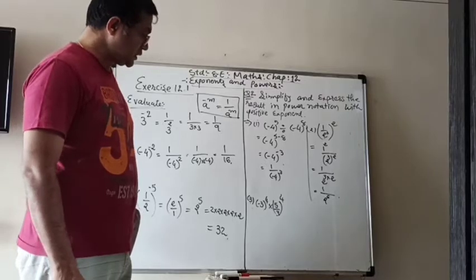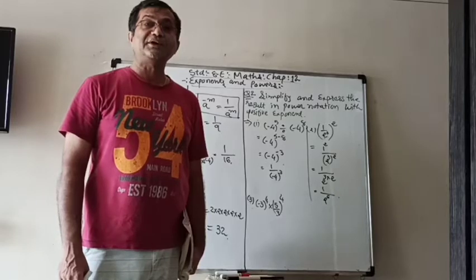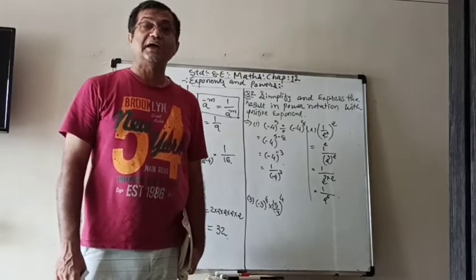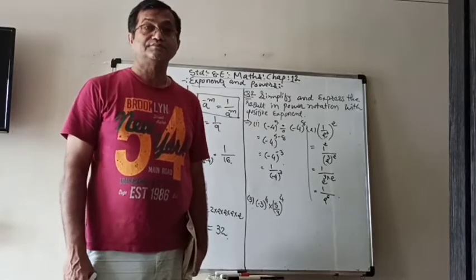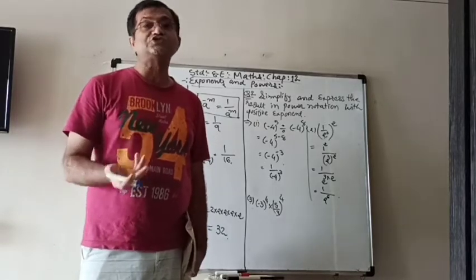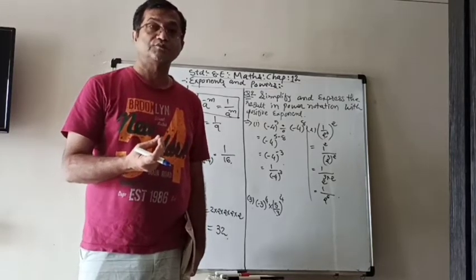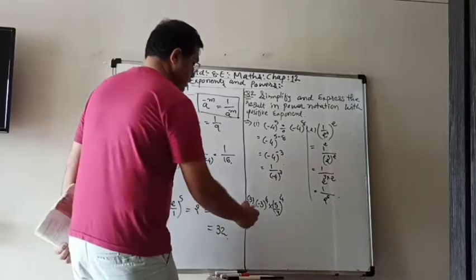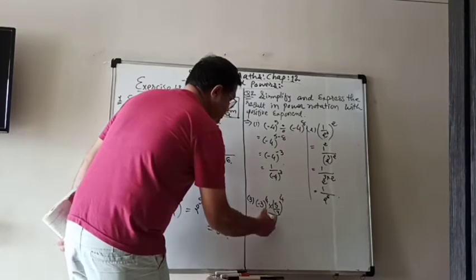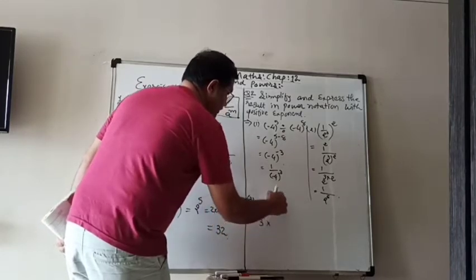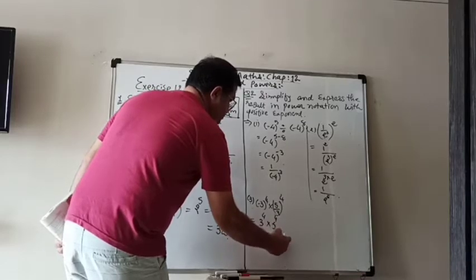We have to remember that when the base is negative and if its power is an even number, then we can change the sign. Means you can write down 3 raised to 4 in place of minus 3 raised to 4. So here we can write down 3 raised to 4. Here both will get 5 raised to 4 upon 3 raised to 4.